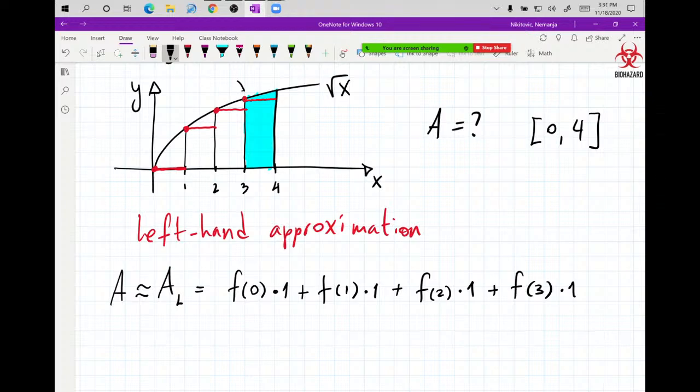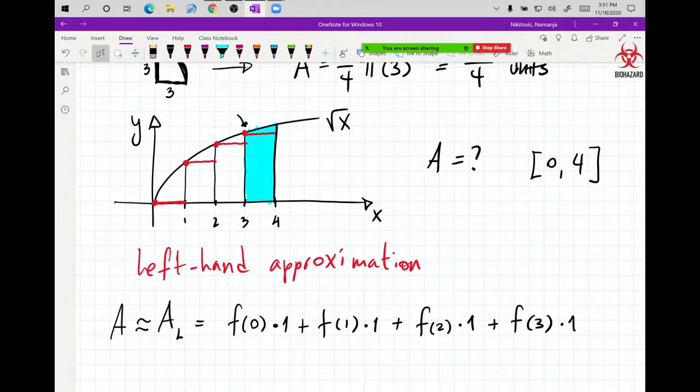So this point here, the left point on which I used to create this rectangle, is 3, f of 3. That's what the point is. So you see that the height is the value of the function, and the width is 4 minus 3, which is 1.